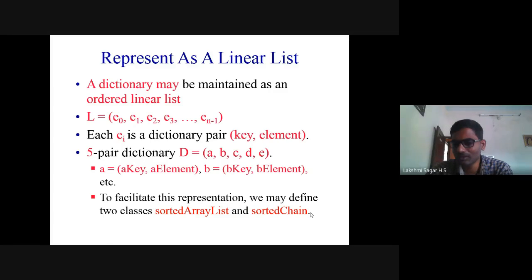So each node is having a data field and address field. Here in sorted chain, the data field is loaded with key values, and in the address field, the element or value associated with that key is present in each node.